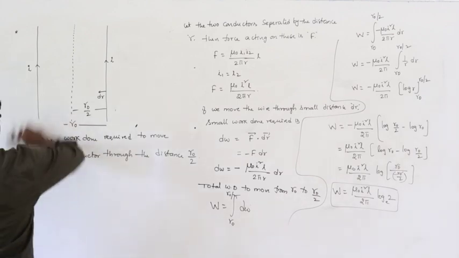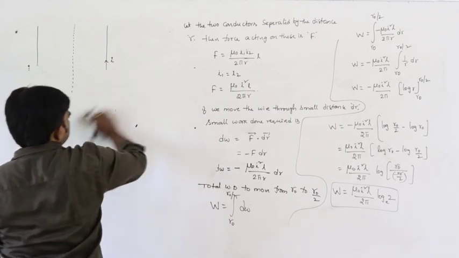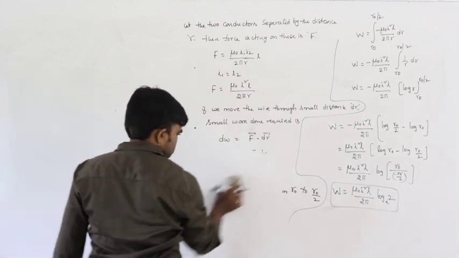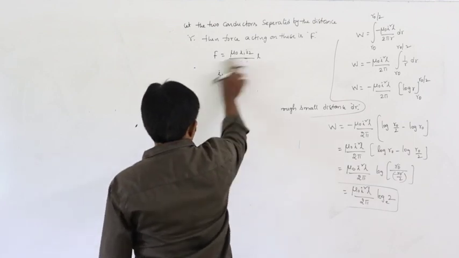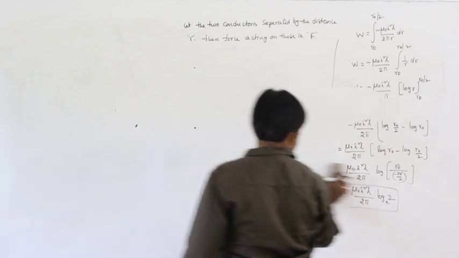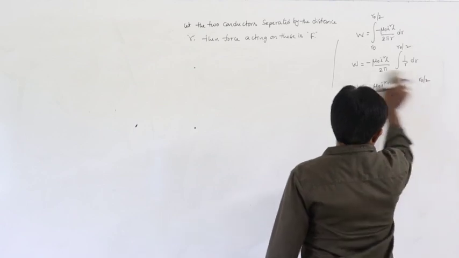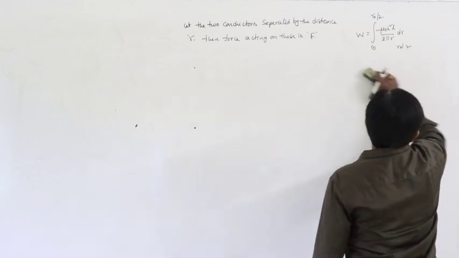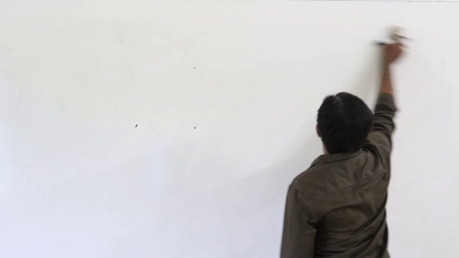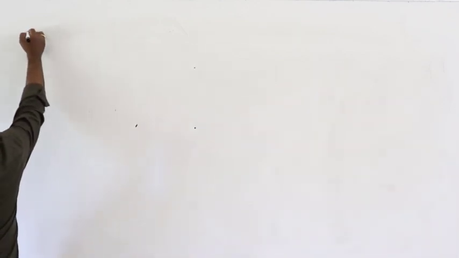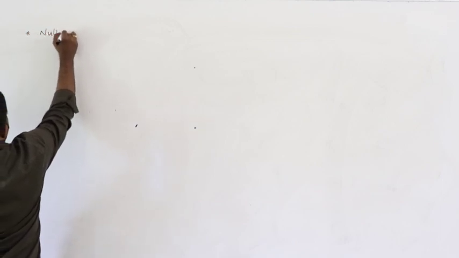Next, let us say the possibility of null points here.